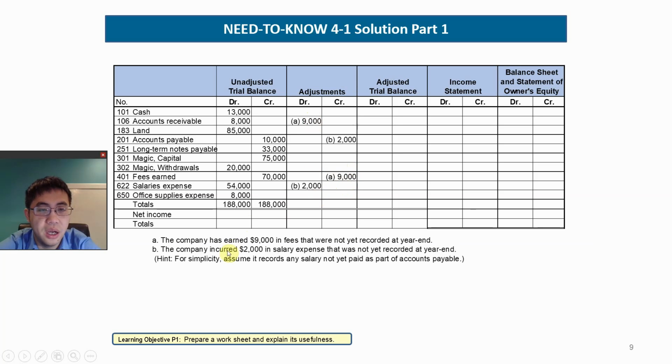And if the company incurred a $2,000 salary expense, so of course salary expense will happen, and then the accounts payable will increase. And then the company increases long-term debt, so this also will have an effect there, but it does not have anything to do with the items here.